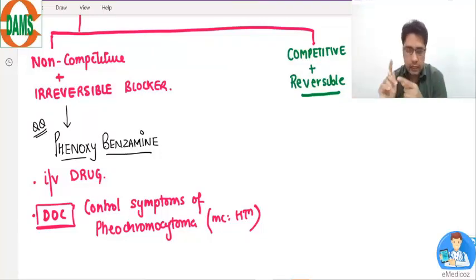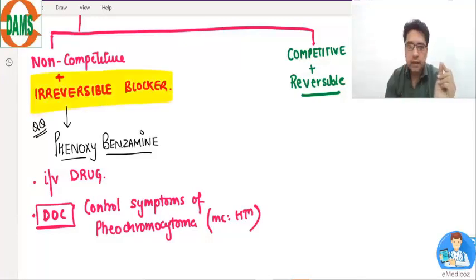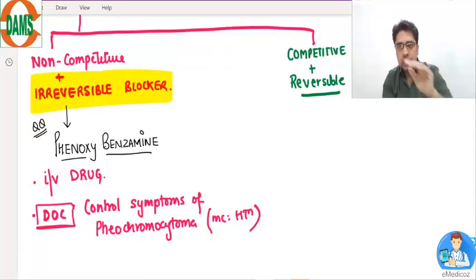Now, if you give an irreversible blocker, will that high level of epinephrine be able to overcome the effect of phenoxybenzamine, or displace phenoxybenzamine from the receptors?